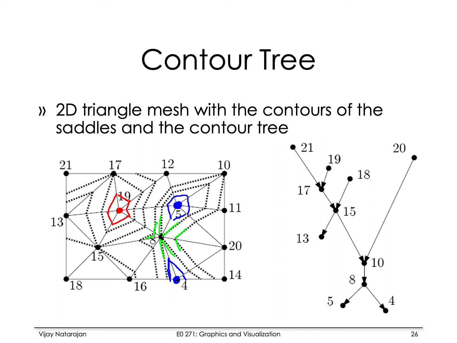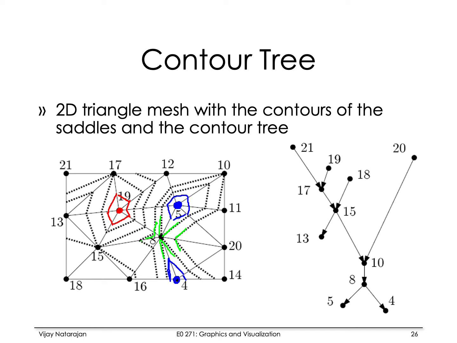Locally we cannot decide if there was a merge or a split, but since we can look at the entire isocontour, we know that the two isocontour components that started from 4 and 5 merged at 8, and after 8, the two components indeed continued as a single component.